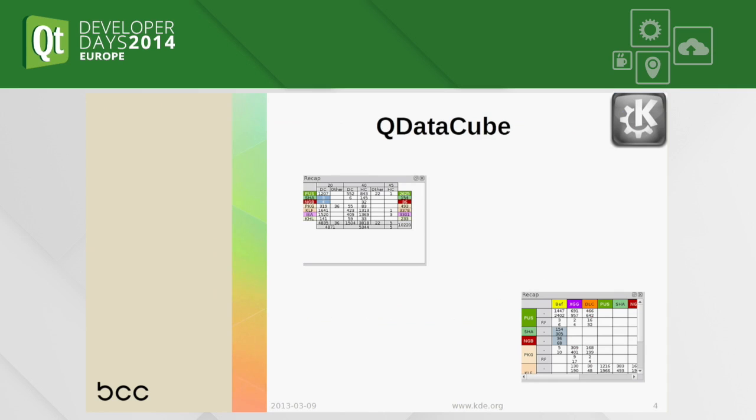So this is two different QDatacubes of container ships. It basically says that in the top left, we have some containers based on their length and height, and downwards we have their destination.